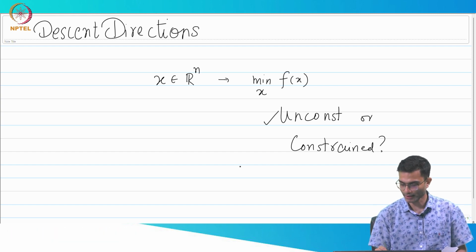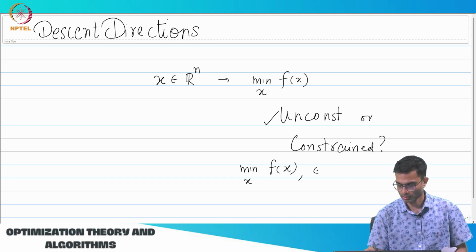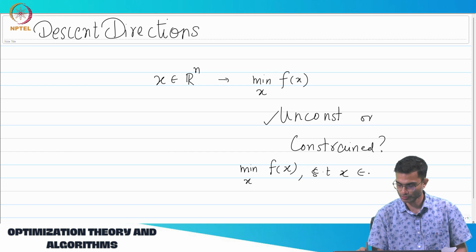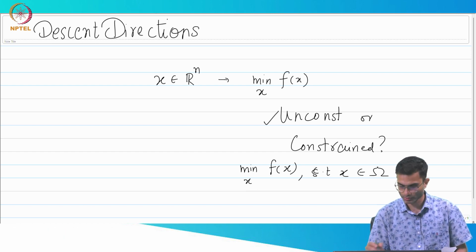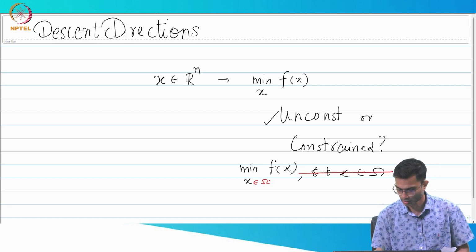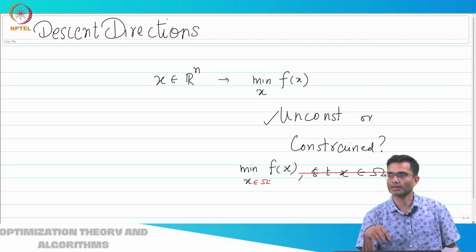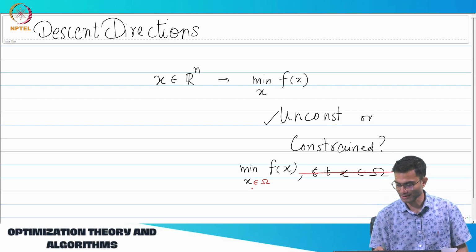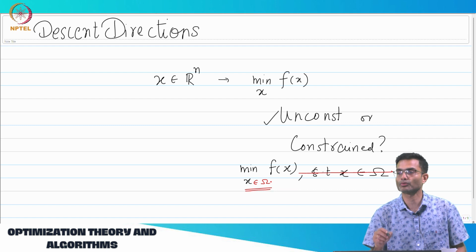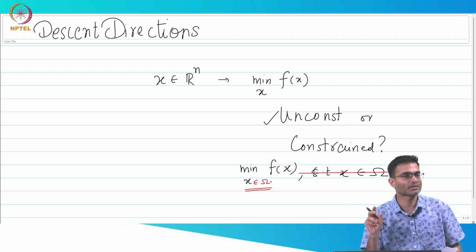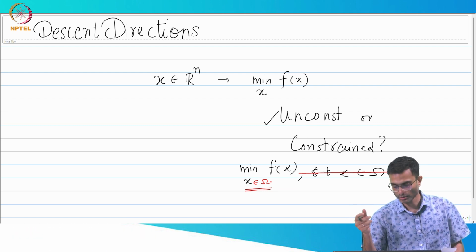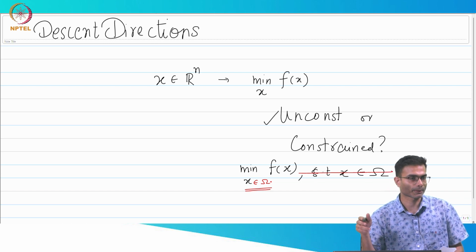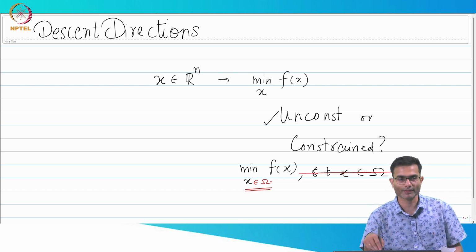So I could either write it like this, such that x belongs to some set, or the simpler way is to get rid of this and write it like this. It conveys the same thing. So here you can see it's constrained because x is not free to live anywhere, it is forced to be in some set Omega, capital Omega, and this is a very general way of writing it.